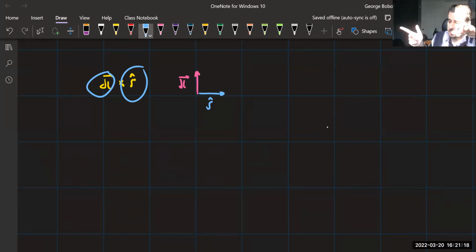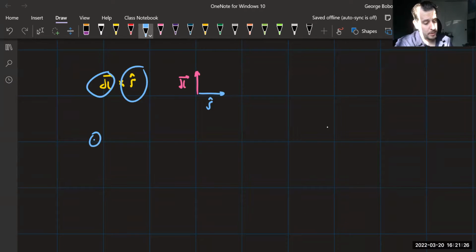In this case, it's into the screen right now. And we've got symbols for that. Just to remind you, this symbol means out of the screen, and this symbol here means into the screen. So keep that in mind.